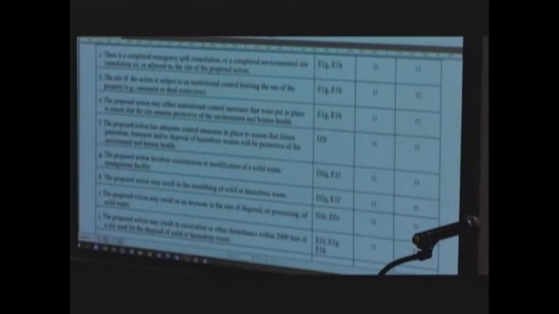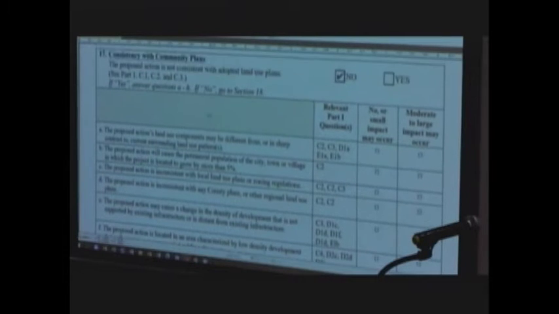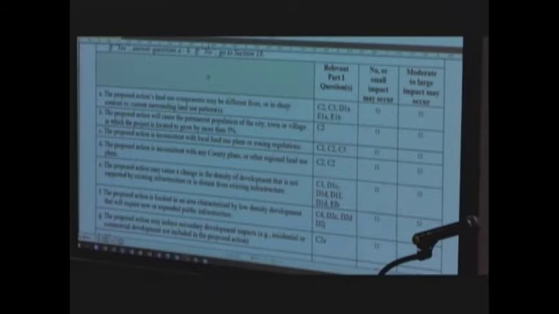Impact on human health, I would argue the project has a benefit to human health because we're providing effective wastewater treatment, but we did not identify an impact to human health. And consistency with community plans, there's really no inconsistencies with community plans. Essentially, we're upgrading a town asset.